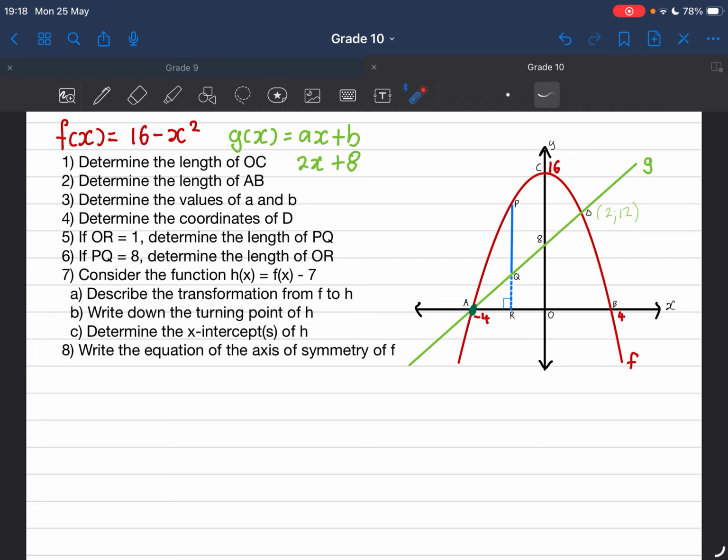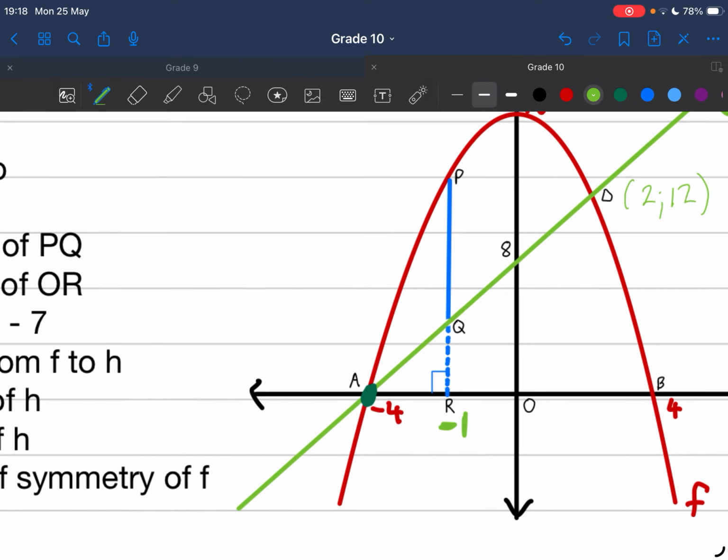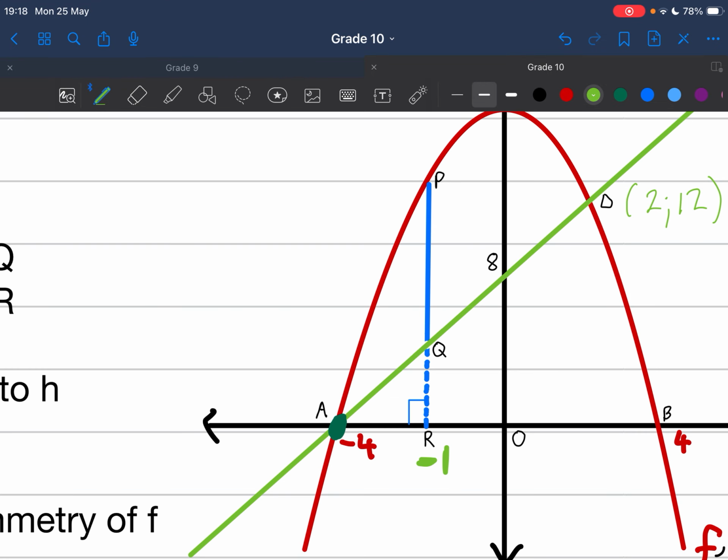So question 5 says if OR, this length here, equals 1. So if this length is equal to 1, what does that actually mean? That means the x coordinate at R is -1, because it's the negative x-axis, so that's -1. So everything above it should have the same x coordinate.